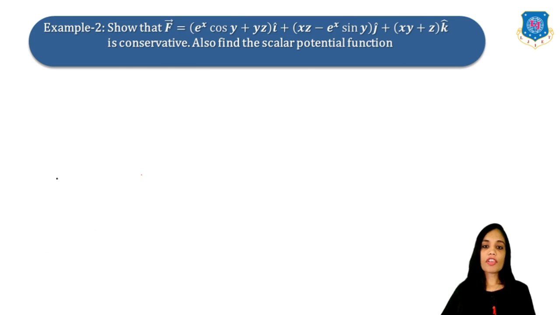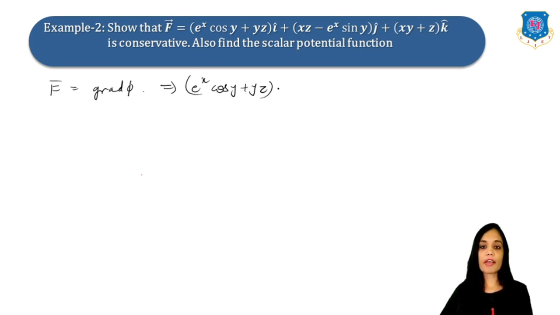Right, so now we have to find the scalar potential function phi. We know that F bar equals grad phi if our F bar is conservative. So we can write F bar as e raised to x cos y plus yz i cap plus xz minus e raised to x sin y j cap plus xy plus z k cap.